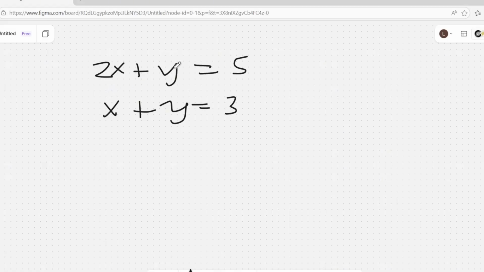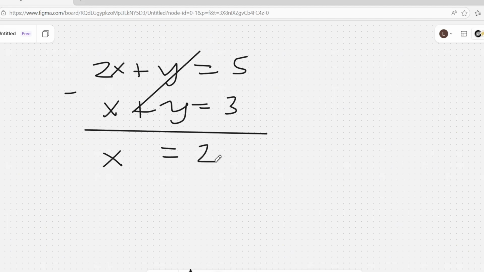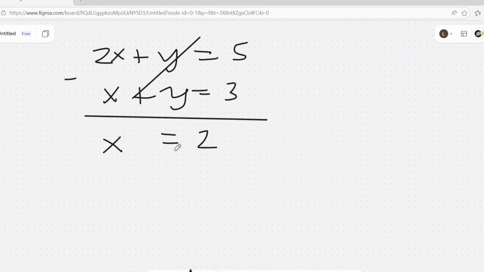We can either add or subtract. These are already aligned. We can subtract both equations. So 2x minus x is x, and y cancels out, 1 minus 1 is 0. And 5 minus 3 is equal to 2. So we already have the value of x.